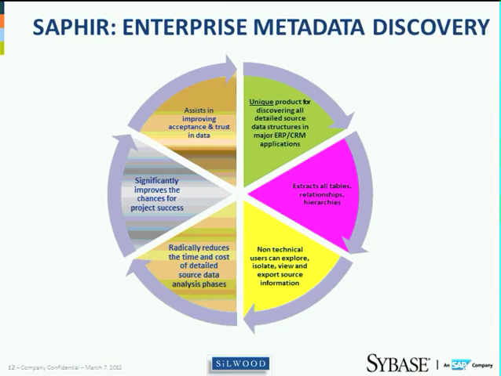So Sapphire, which Nick is going to demonstrate to you in a few moments, if you look at the top right-hand segment, what Sapphire does is it extracts all of the metadata information from your ERP or CRM application from Oracle or SAP. It includes all of the customizations, the long names, the short names, and all the relationships.